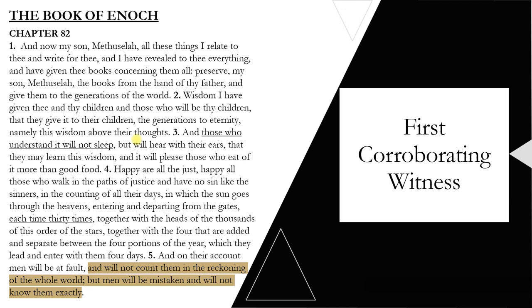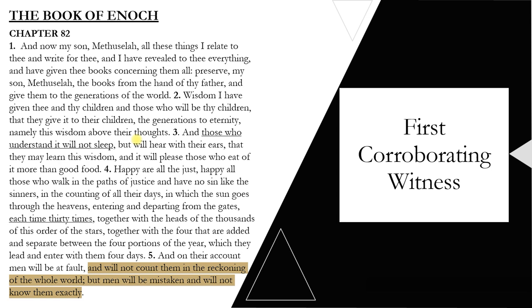In the counting of all their days, in which the sun goes through the heavens, entering and departing from the gate each time 30 times, together with the heads of the thousands of this order of the stars, together with the 4 that are added and separate between the 4 portions of the year, which they lead and enter with them 4 days.